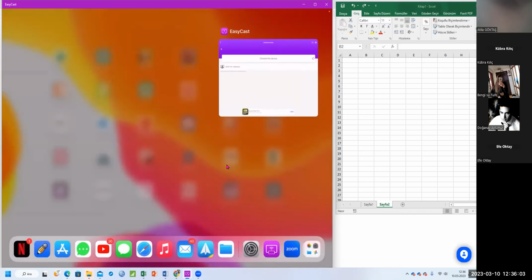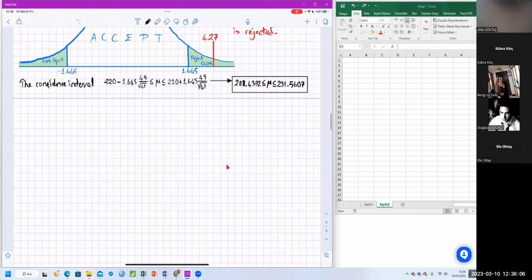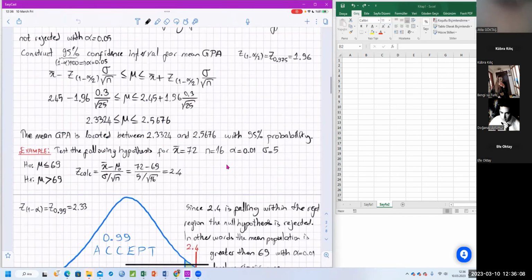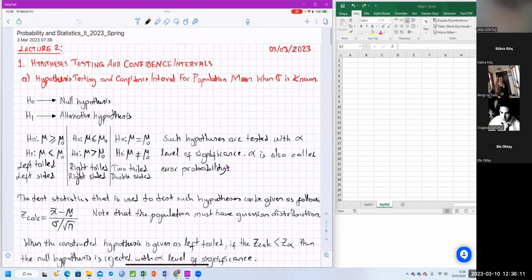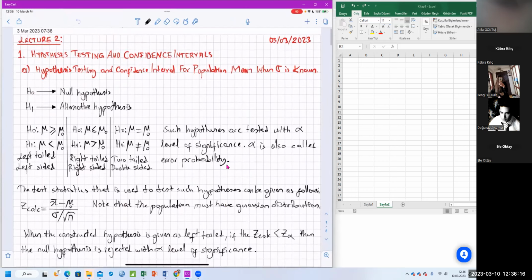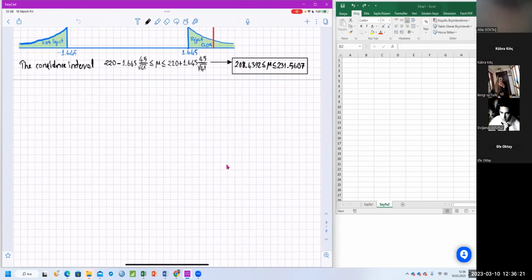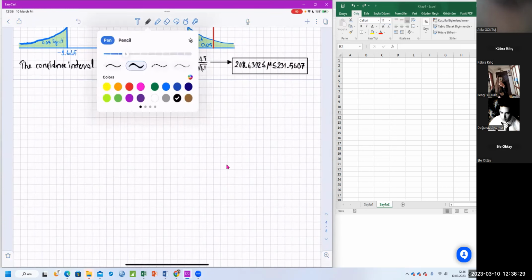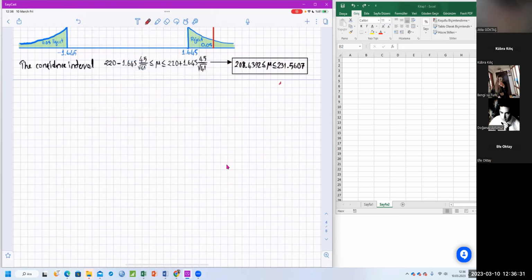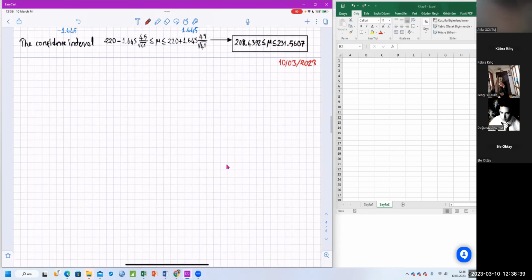Today, when sigma is not known, there are two ways. This is the 10th of March, 2023.